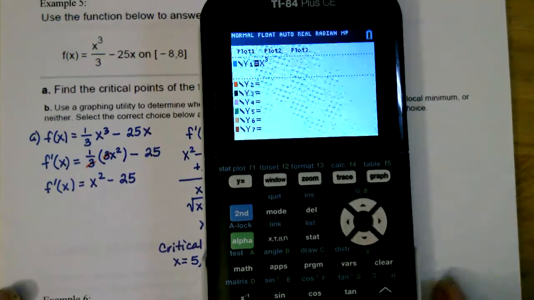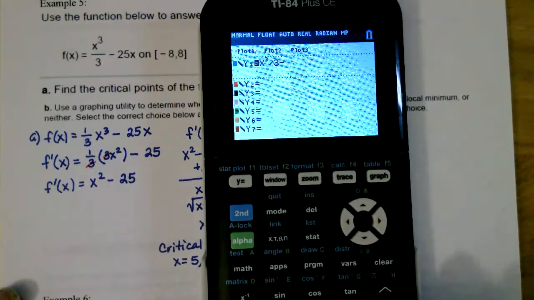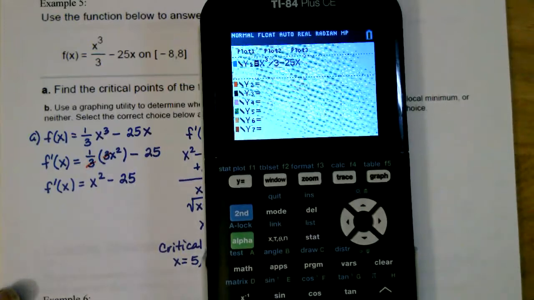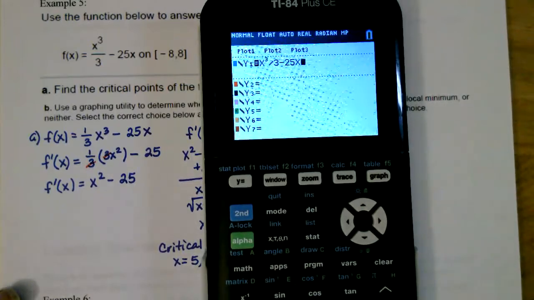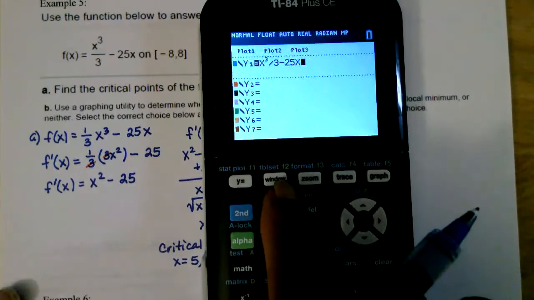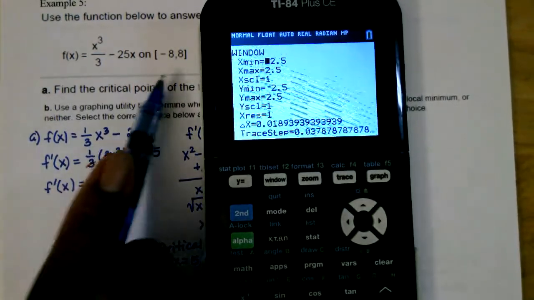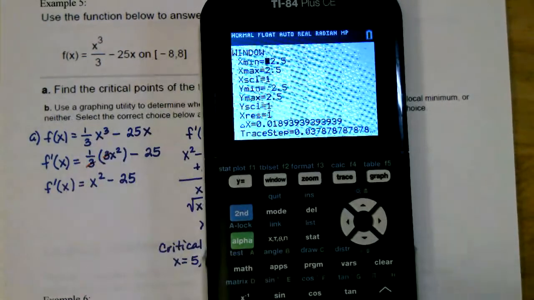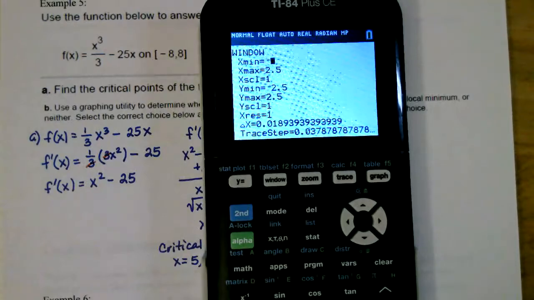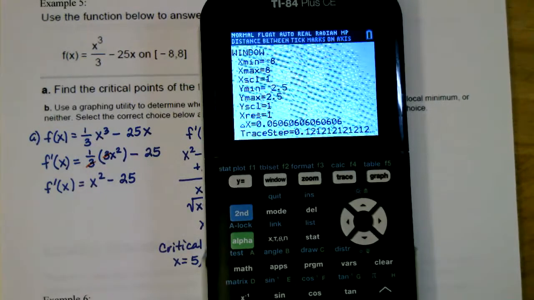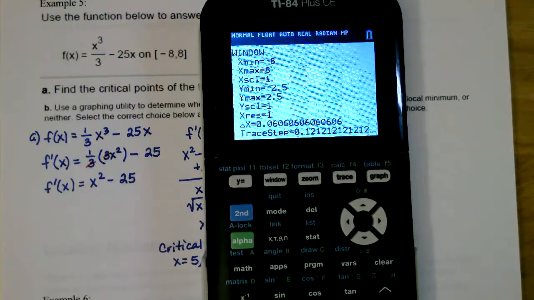Use my right arrow key and then do divide by 3 minus 25, and then x. All right, now I'm going to press the window key because notice the interval is from -8 to 8. So x min will be -8, x max will be 8. I'm going to let the x scale be 1.